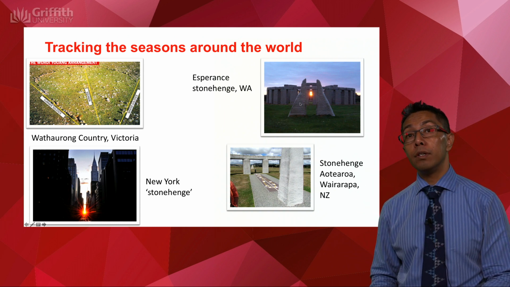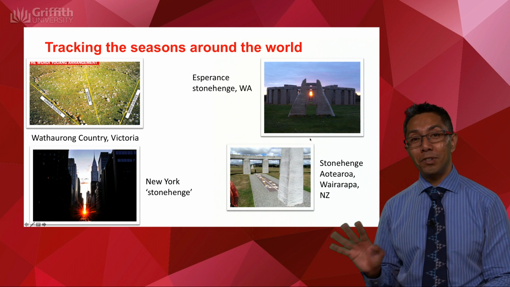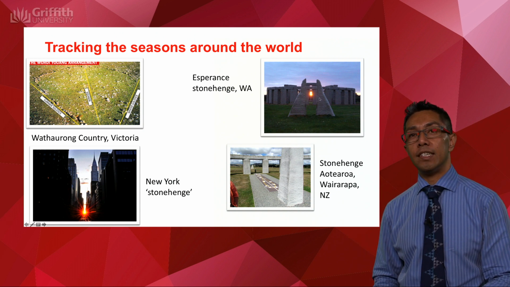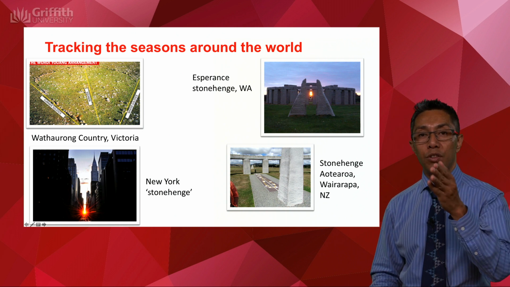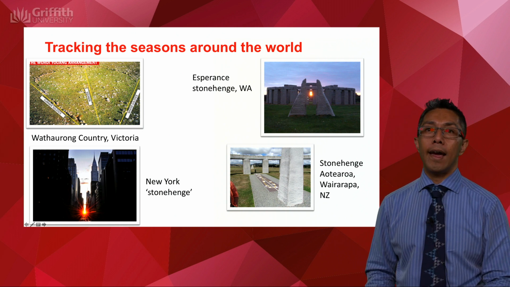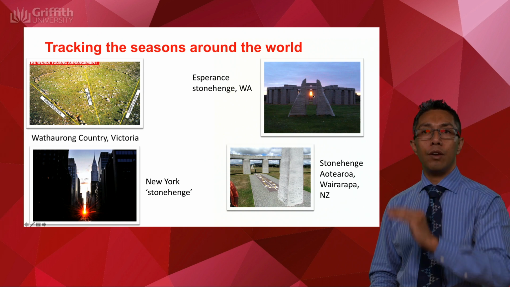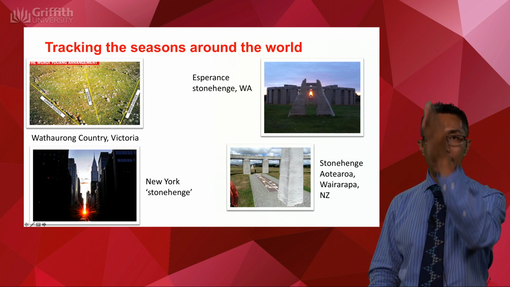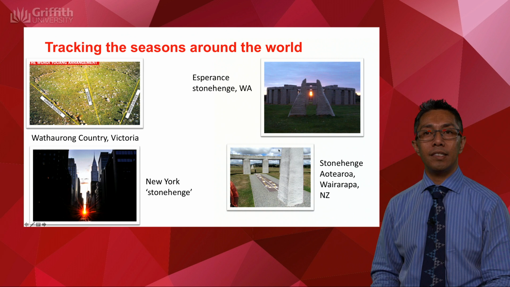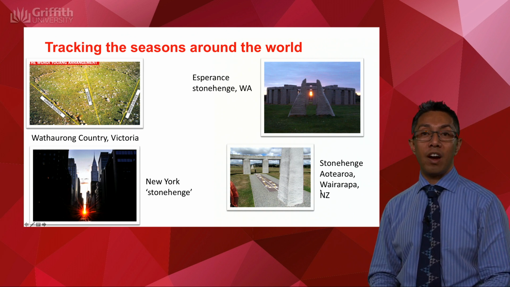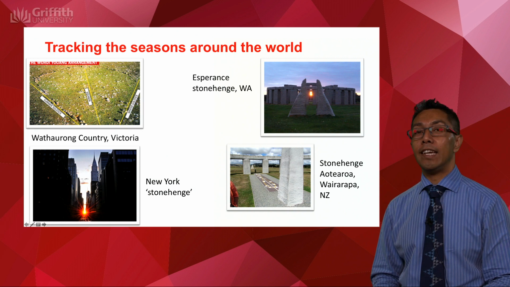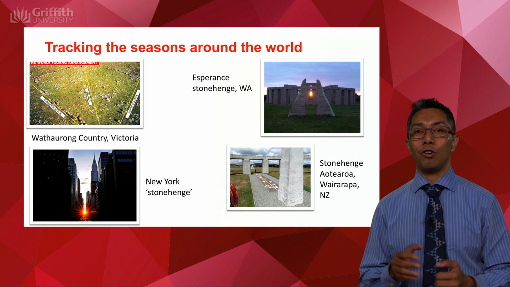Here's a modern Stonehenge over in Esperance in Western Australia. So you can see nice neat cut stones, and here is one of those days. It would either be an equinox or solstice, so the sun rises directly between certain pillars. Here's one down in New Zealand in Wairarapa, and here is New York's Stonehenge.